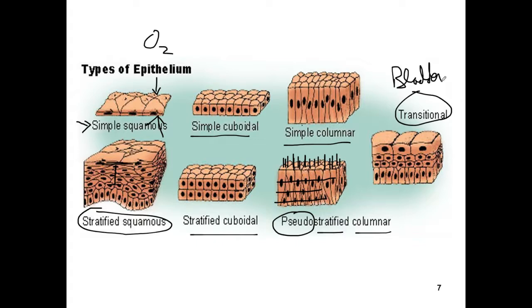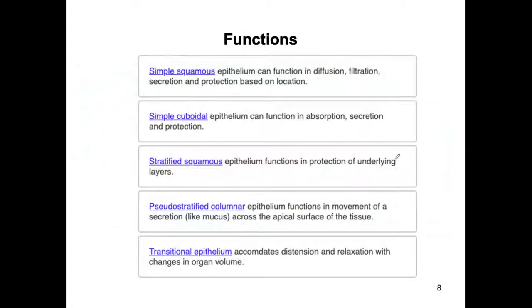It alters in its shape and size. You can't even tell it's a square anymore. Maybe it looks round, okay? So transitional are cells that can vary in their shape and size because of the organ that it's associated with. Just think of the urinary bladder, think of the ureters. They're carrying urine and they can expand.